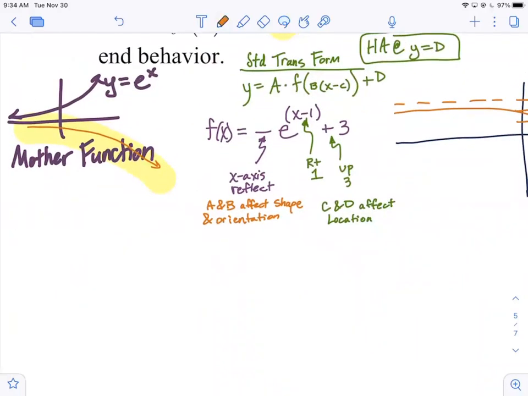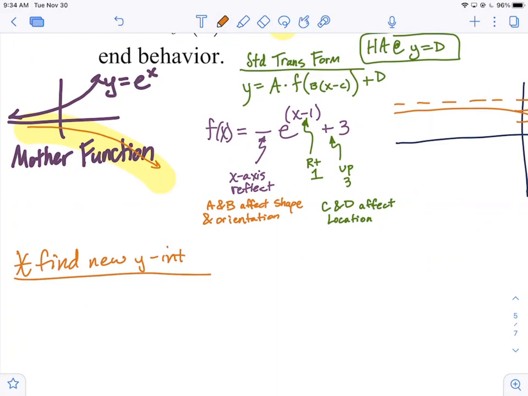So for exponential functions, because their domain is all real numbers, you're always going to want to find the new y-intercept. You don't have to track the old y-intercept that was at (0, 1). I don't expect you to follow where that point goes, okay? But I do want you to find the new y-intercept instead.